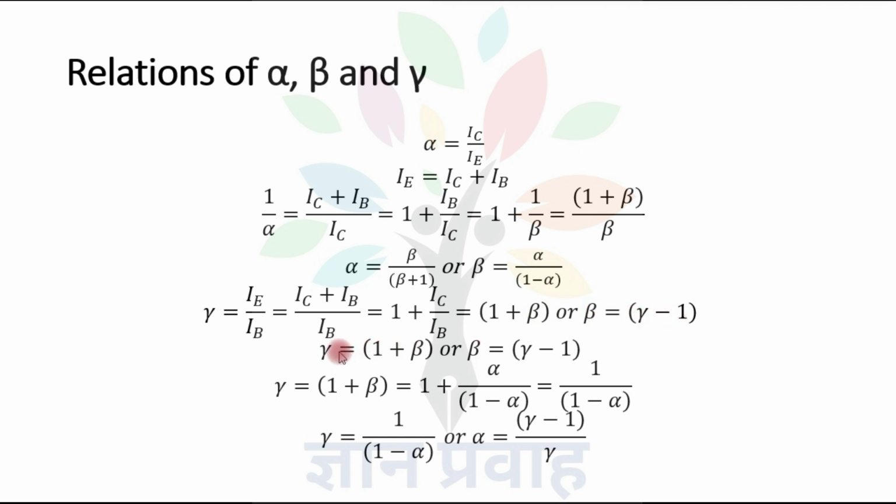Similarly, gamma equals 1 plus beta, and beta equals alpha upon 1 minus alpha. So now we are finding the relation between gamma and alpha: gamma equals 1 upon 1 minus alpha. By solving this equation, gamma equals 1 upon 1 minus alpha, or alpha equals gamma minus 1 by gamma. So these equations are the relations among alpha, beta and gamma gains.